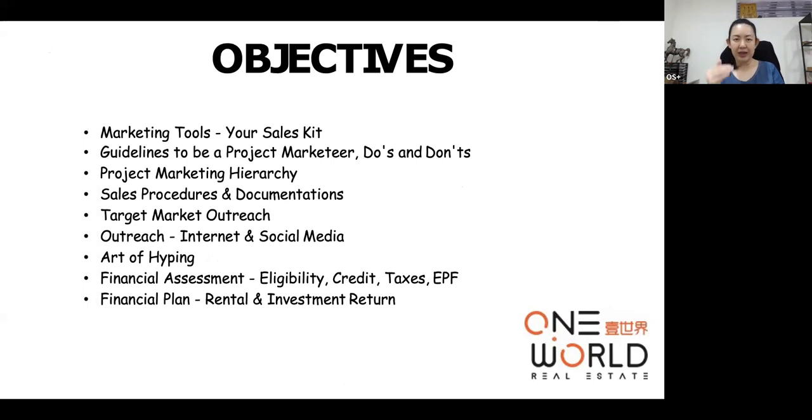Then the project marketing hierarchy: if you want to be a specialized agent in project marketing, what will the hierarchy be? Then sales procedure, documentation, and the target market outreach. Outreach via the internet, offline and online, social media, and the art of hyping. If today you are assigned to a roadshow, what do you need to do?